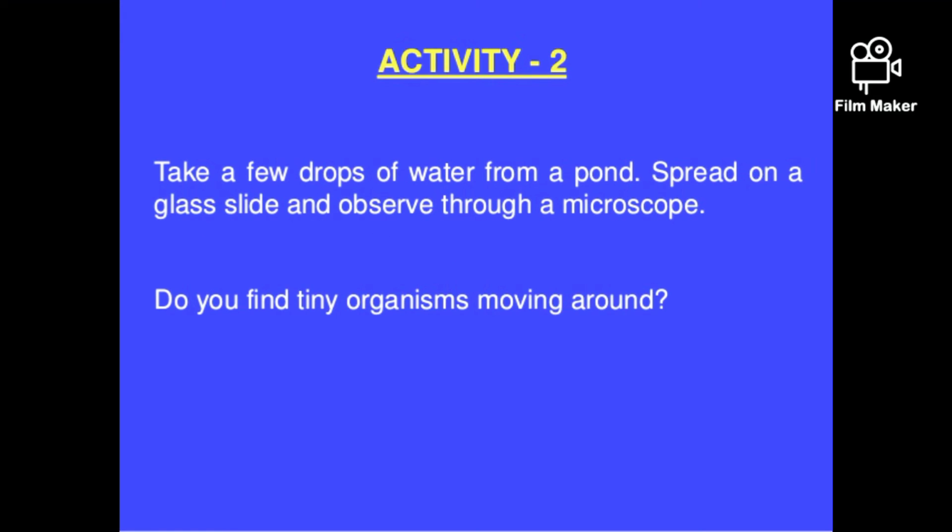Now, take a look at Activity 2. Take a few drops of water from a pond, spread them on a glass slide and observe through a microscope. Do you find tiny organisms moving around? These observations show that water and soil are full of tiny organisms, though not all of them fall into the category of microbes.